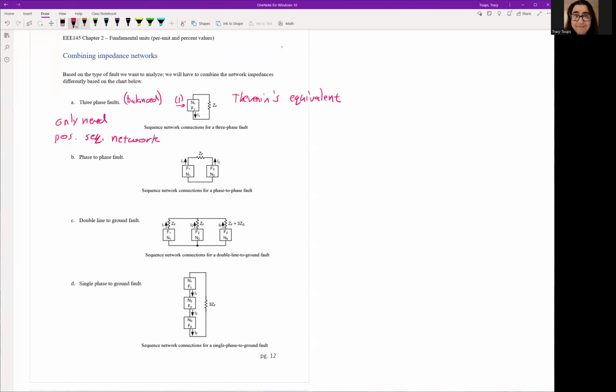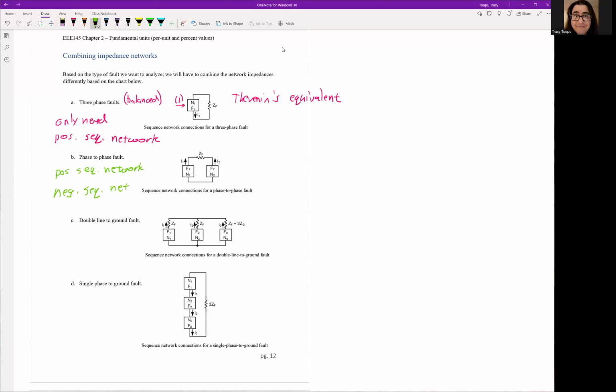A phase-to-phase fault is a little bit different because we're going to use a positive sequence network and the negative sequence network.